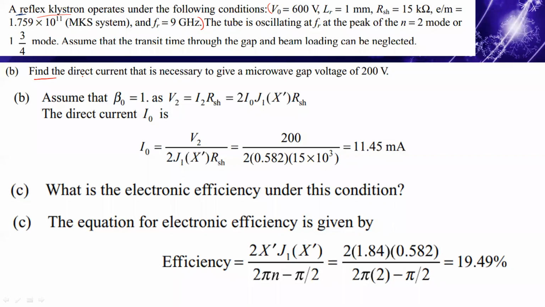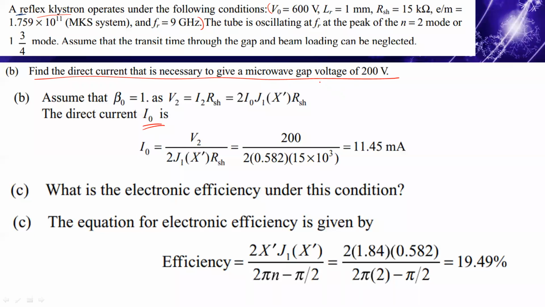Find the direct current that is necessary to give the microwave gap voltage. So what is the direct current? That is I naught. Find the direct current that is necessary to give a microwave gap voltage of 200.